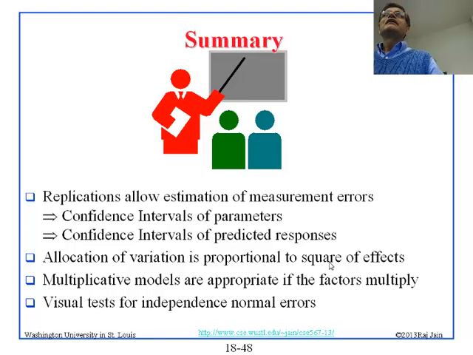Replications allow us to get an estimate for the measurement error. Can we use it in the opposite direction and say, if we know what the measurement error is, we can figure out how many replications we need to do? Yeah, you can do that. Particularly in simulations, we run a simulation, we think we are done, but it turns out that the errors are either too small or too large.